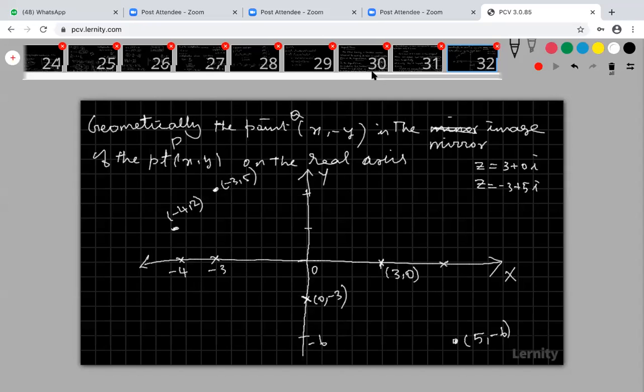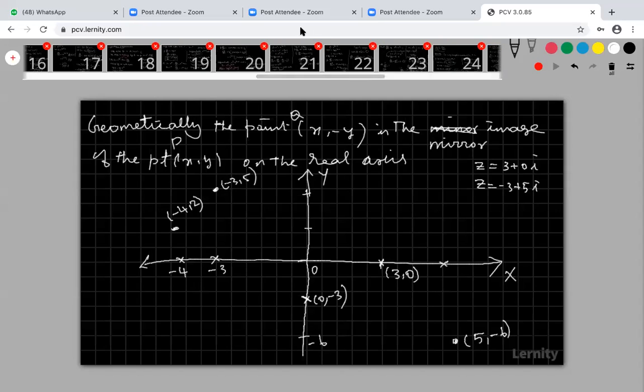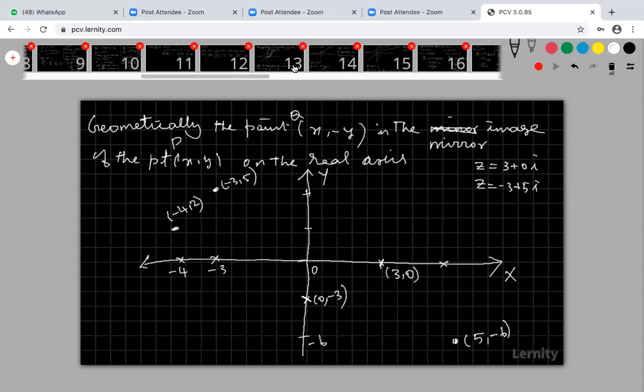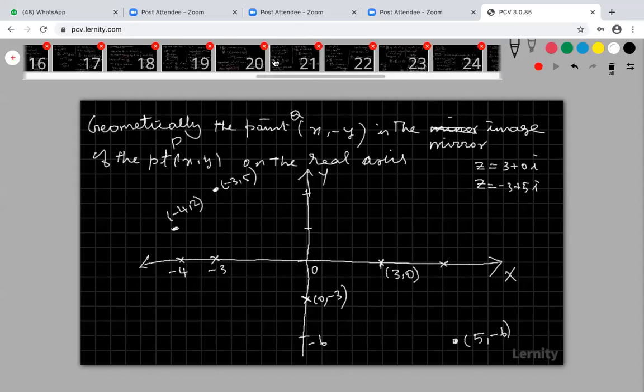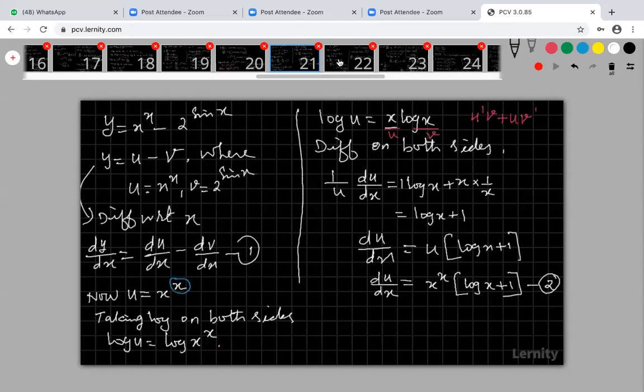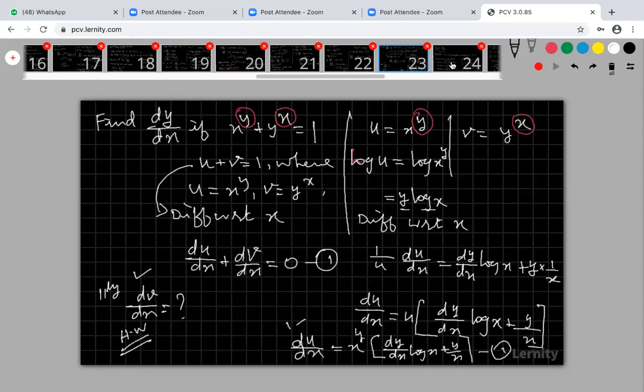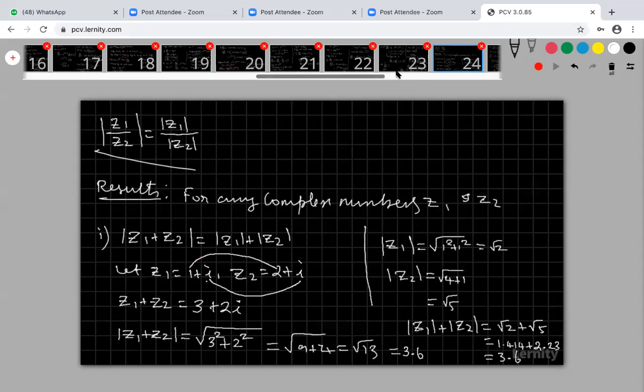Right. So I will show the slides. Yeah, this is my first slide. Dear students, suppose you take a mirror here, and suppose you take a point here.